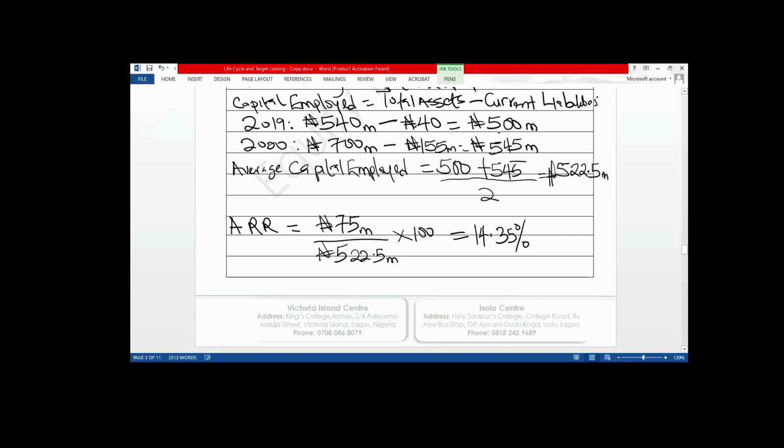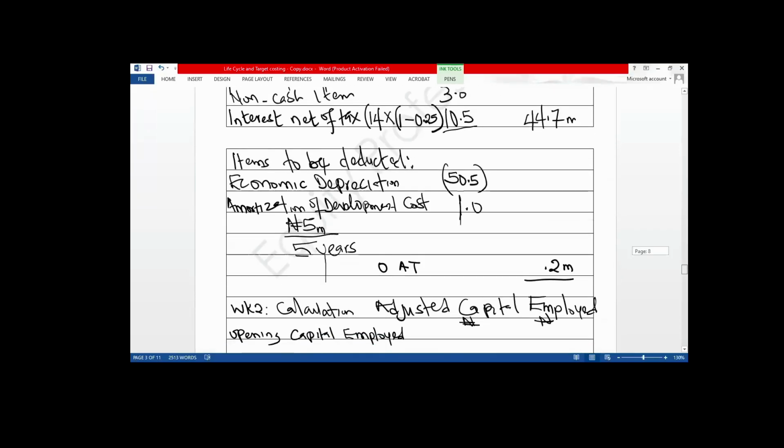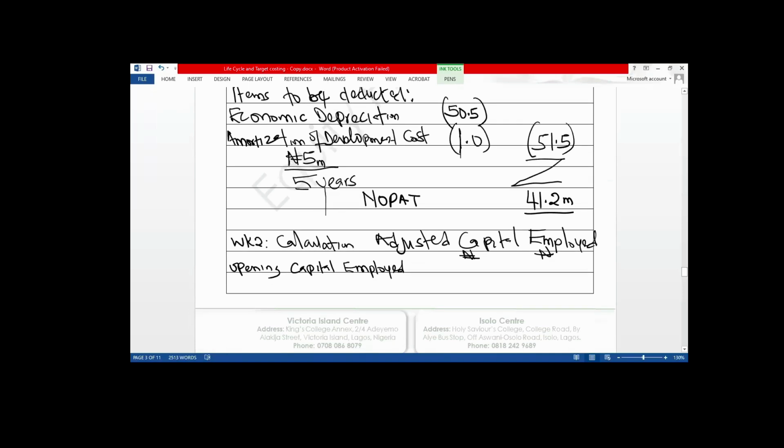That is the closing capital employed for year 2019, and it becomes the opening capital employed for year 2020. You are going to pick that figure. 500 million.